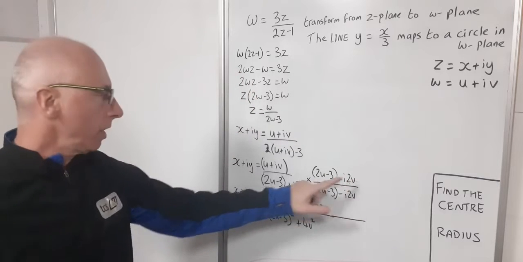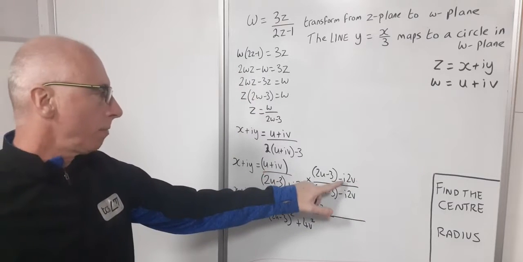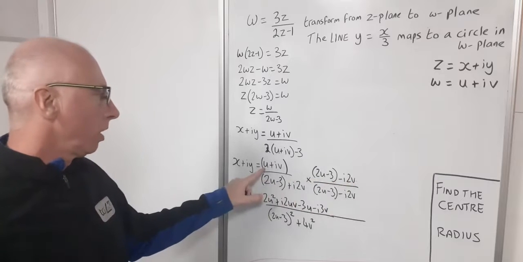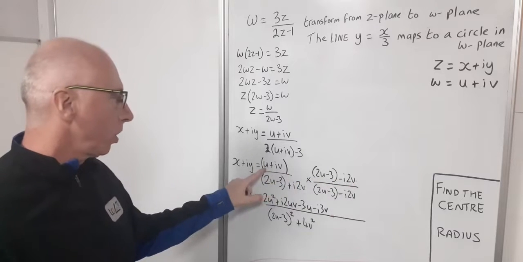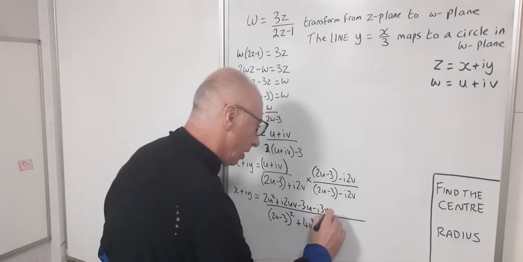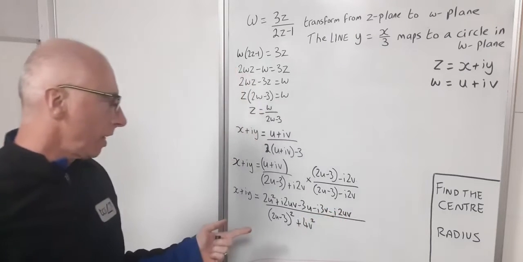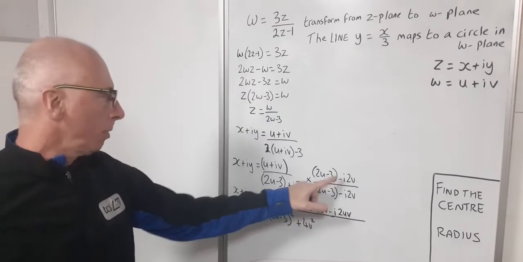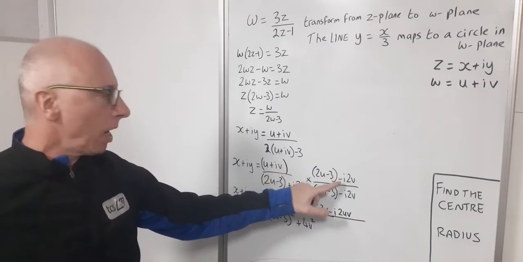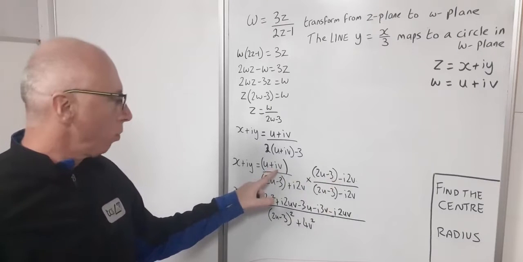Now let's distribute this with each of these. So minus i2v times u, that's minus i2uv. So that takes care of that. And then multiply that with the iv. So again, minus i times i will give us positive 1.